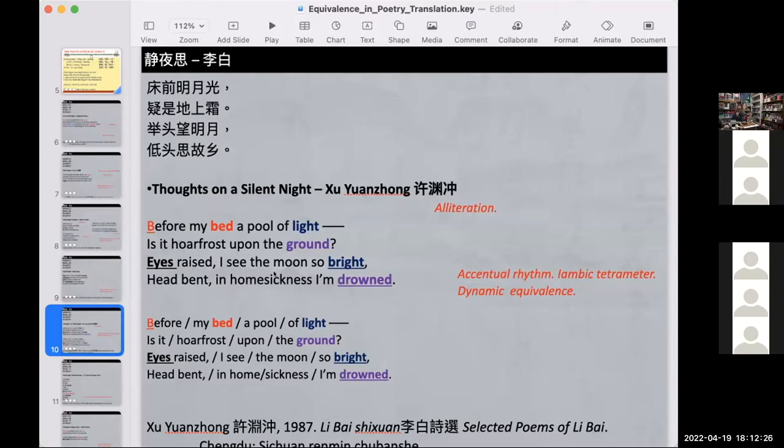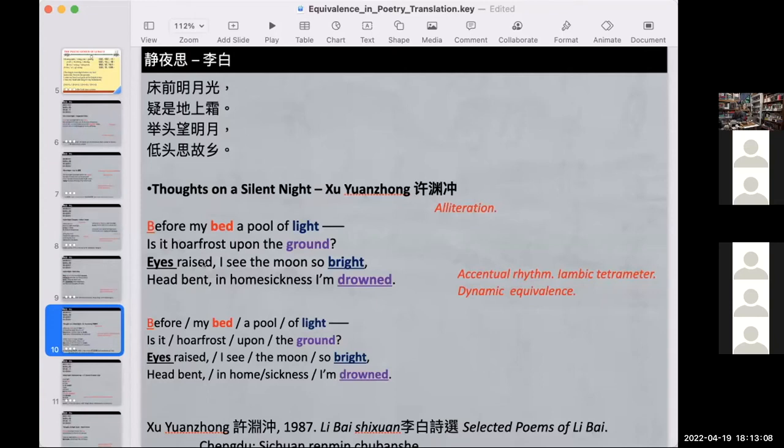Not only that, while following this formal equivalence, he also tried to achieve dynamic equivalence, but not in the way other Western translators did. He tried to show off his mastery of English rhythm, English meter. Since the poem is classical, he also tried to render it into classical meter in English.